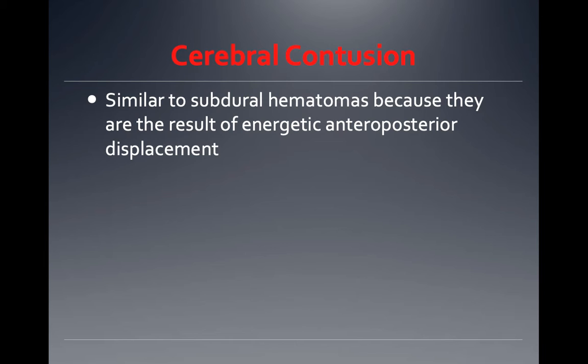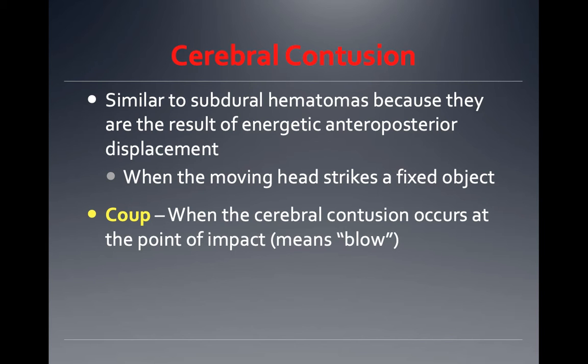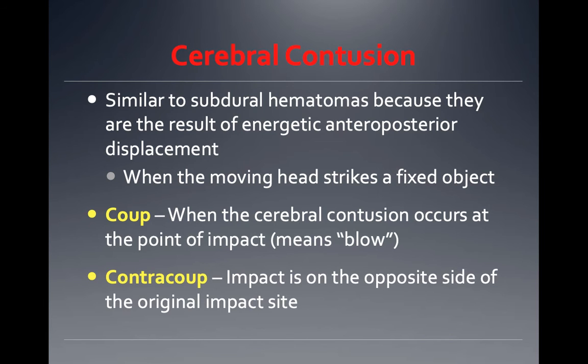And so the brain, if we're moving our head back and forth, side to side or front to back really fast, the brain can actually hit that cranial vault, and there can be contusions that occur. So when the head is moving and the head strikes an object or an object strikes the head, this can cause contusions. Now, you can have what's called a coup and a contrecoup type of blow to the brain.